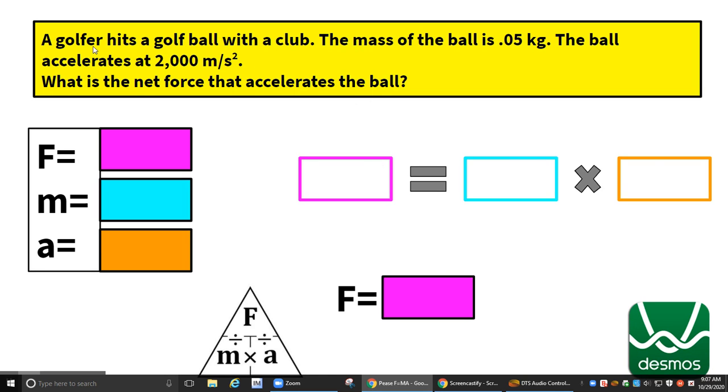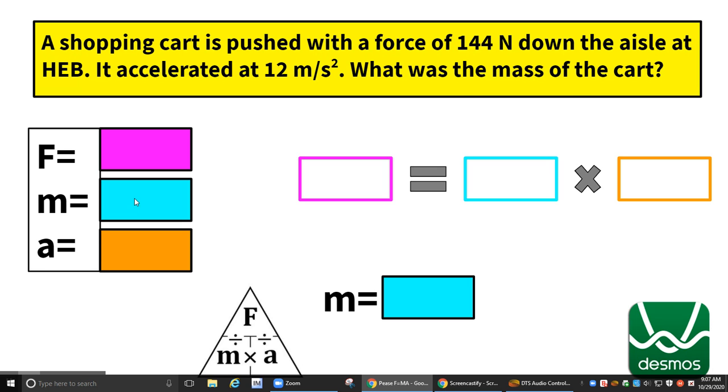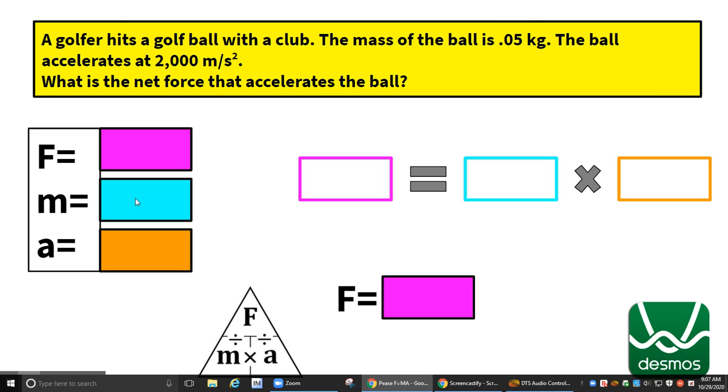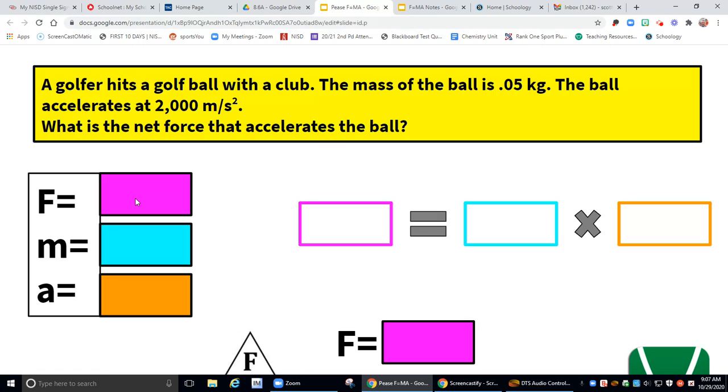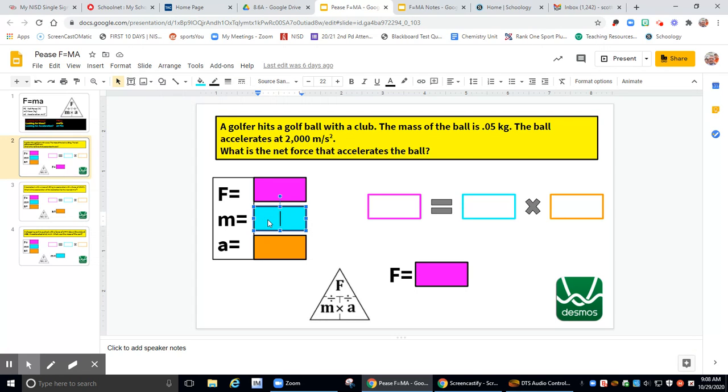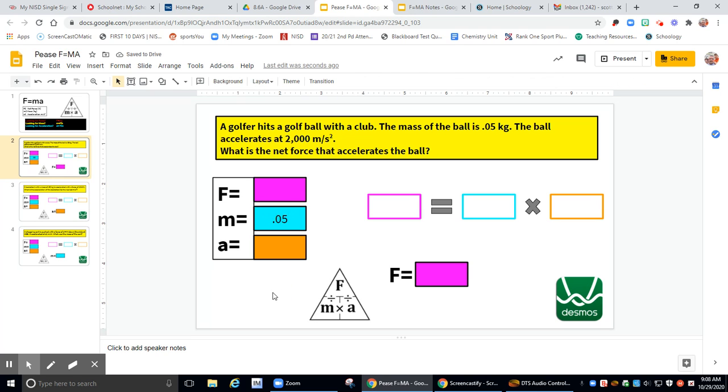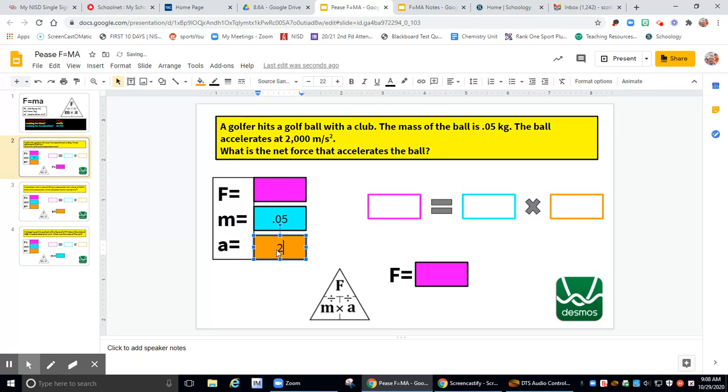Okay, so a golfer hits a golf ball with a club. The mass of the ball is 0.05 kilograms. So that means right here, we're going to type in, I've got to get out of present mode, sorry. So right here in the mass, we're going to type in 0.05. Okay. The ball accelerates at 2,000 meters per second squared. So here for acceleration, we're going to put in 2,000.